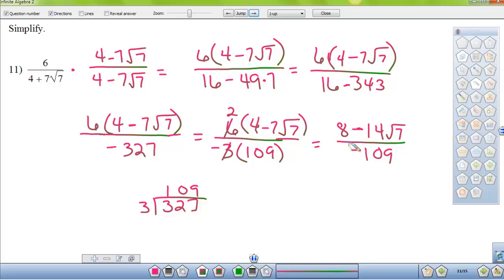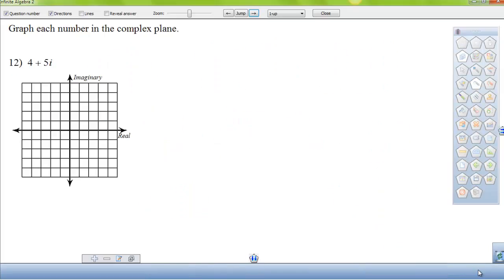If I had chosen to bring that negative to the numerator, an equivalent answer would have been negative 8 plus 14 times the square root of 7 over positive 109. All I did was transfer that negative to the numerator and distribute it. So these are both equivalent answers. Let's move on to number 12.